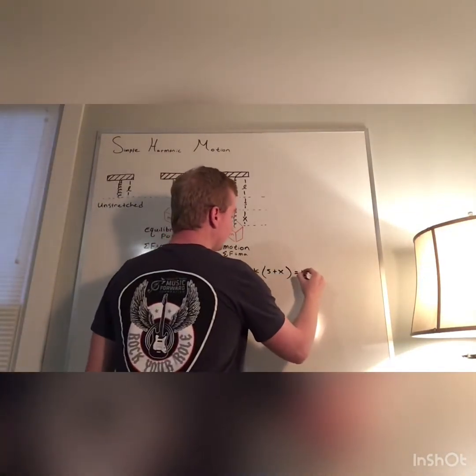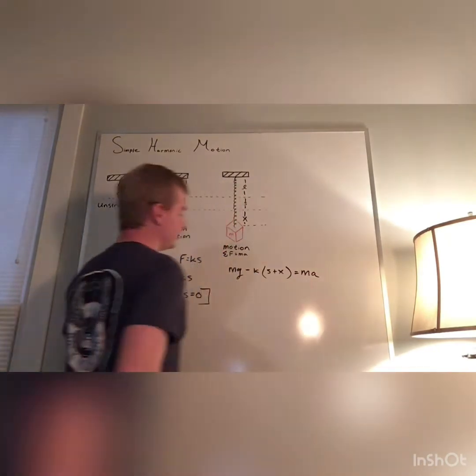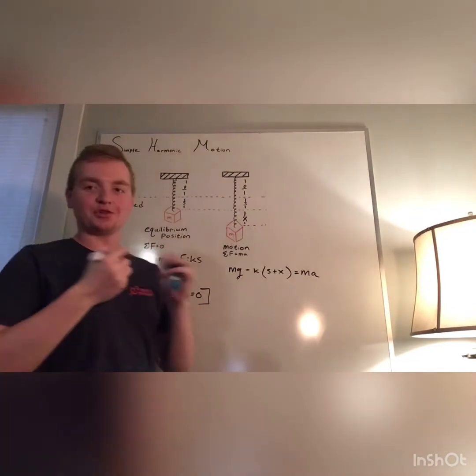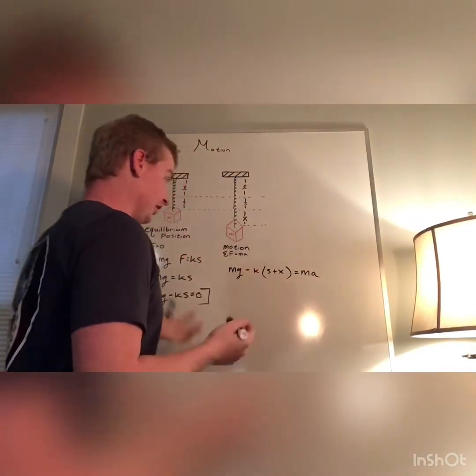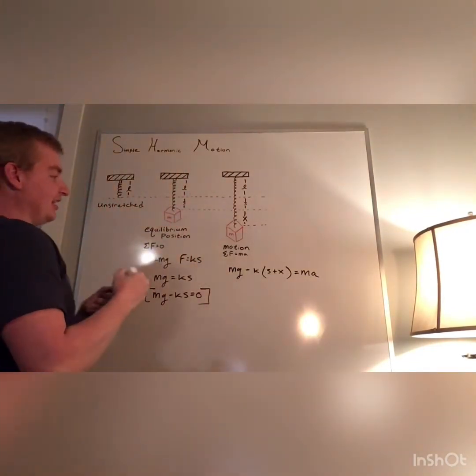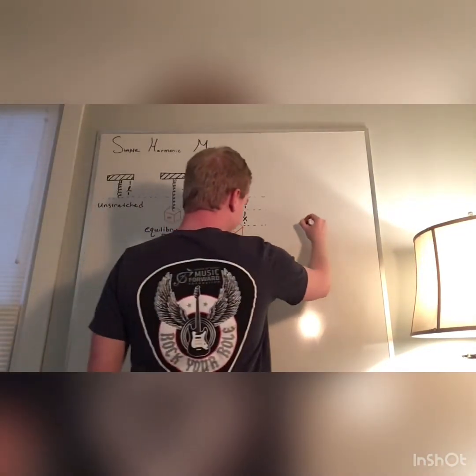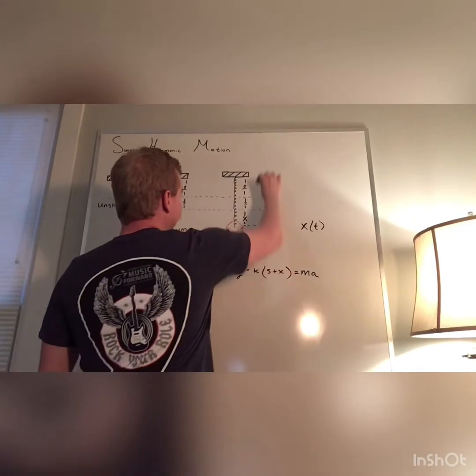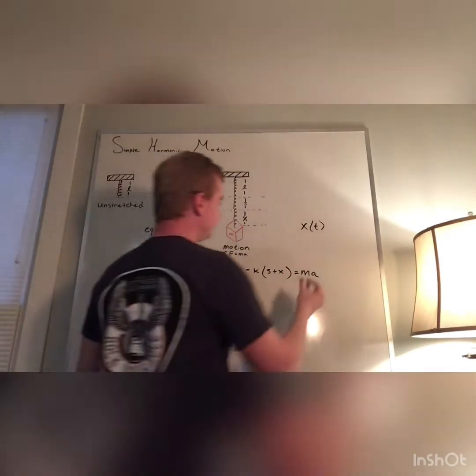to mass times acceleration. Now I know it doesn't look like we have any differential equations going on yet, and you're right, but we're going to change that right now. So we have some function x of t relating to the position of the oscillating spring.